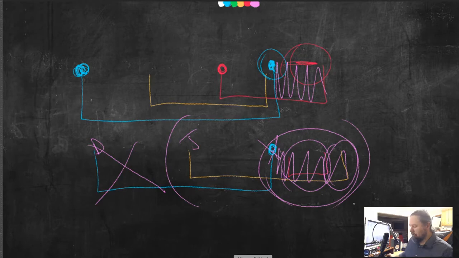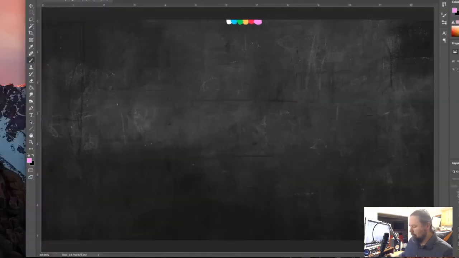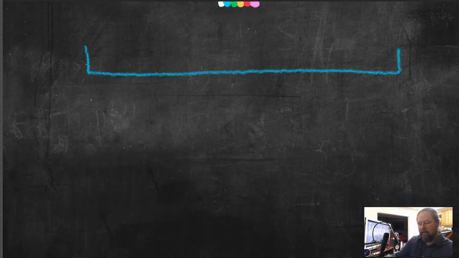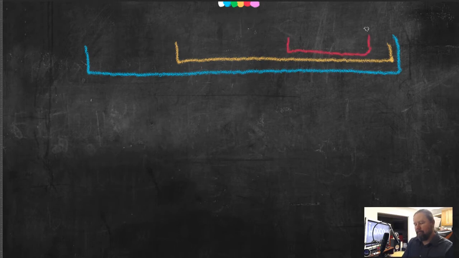Last thing I want to show you is 2-act structures. They're becoming more and more popular. And a 2-act structure is going to look a little bit like this. I'll make my brush just a little bit bigger so we can see it. Remember, 3-act structure has this, then this, and then this.